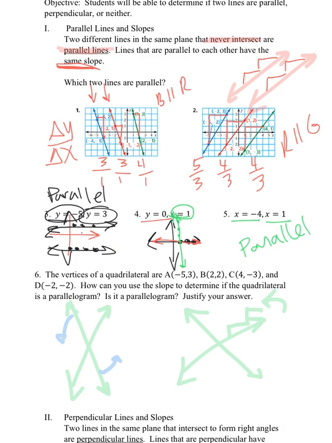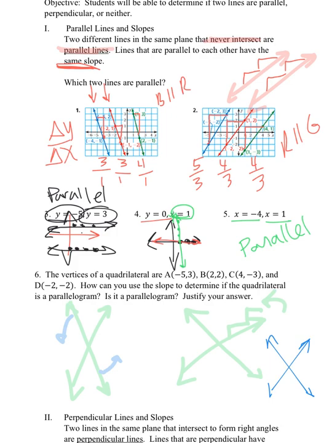So what we're going to see here is in order to have perpendicular lines, not only do they need to have that opposite slope, with one of them going this way and one going this way, but their slopes themselves matter.